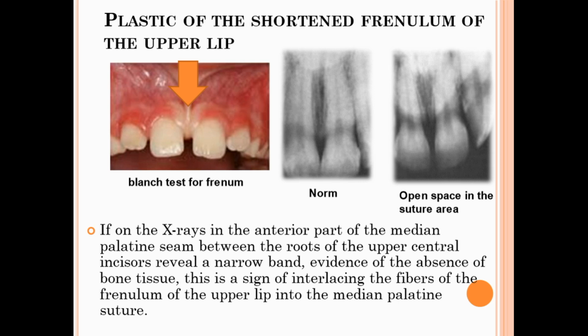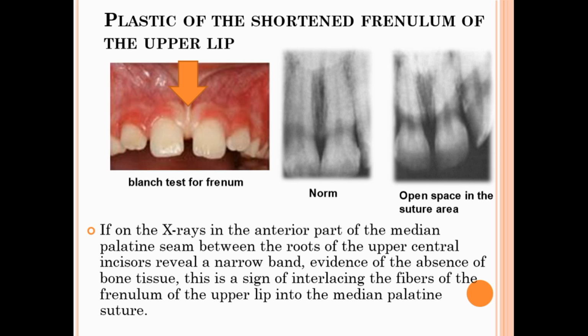The attachment of the frenulum of the upper lip is one of the causes of diastema on the upper jaw. To clarify the indication for plastic surgery of the upper lip frenulum, X-ray examination of the alveolar process in the root area of the central incisors should be done.